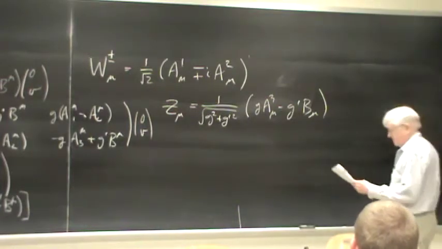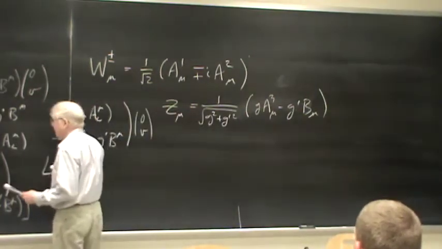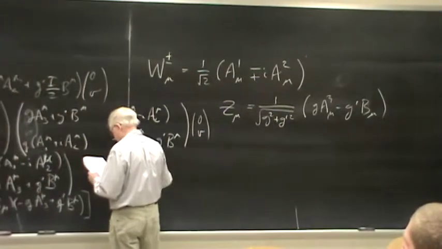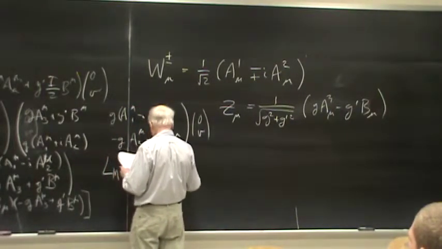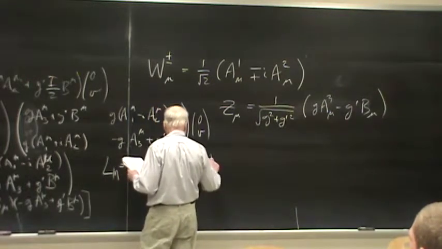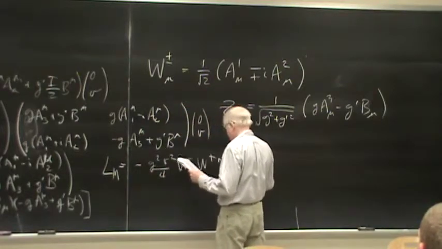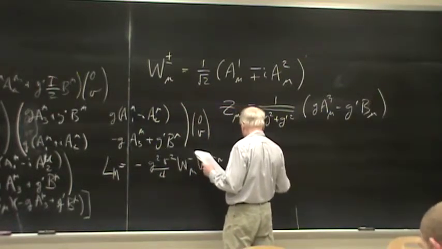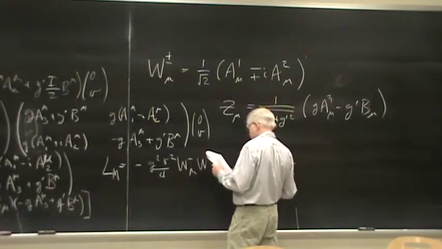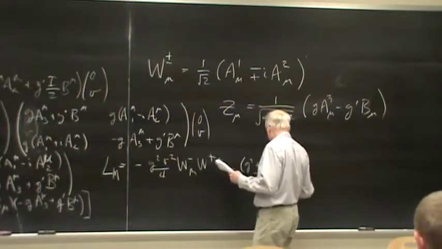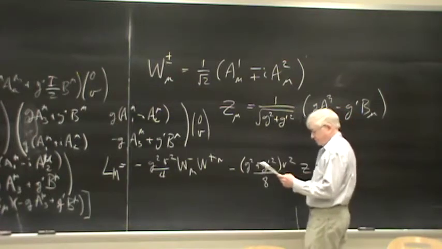And in terms of these correctly normalized gauge fields then, this L_m that we were talking about is minus g squared v squared over 4 W minus mu W plus mu, minus g squared plus g prime squared v squared over 8 Z mu Z mu.